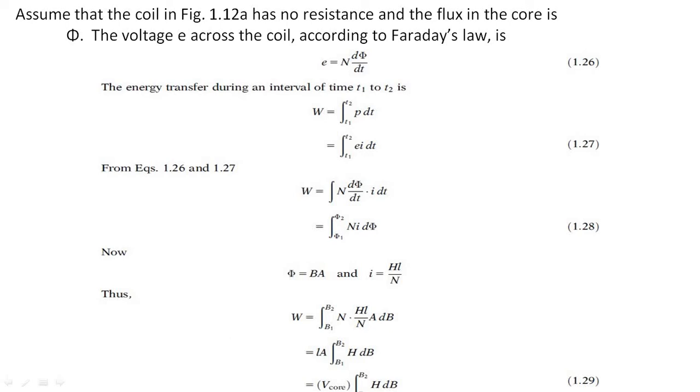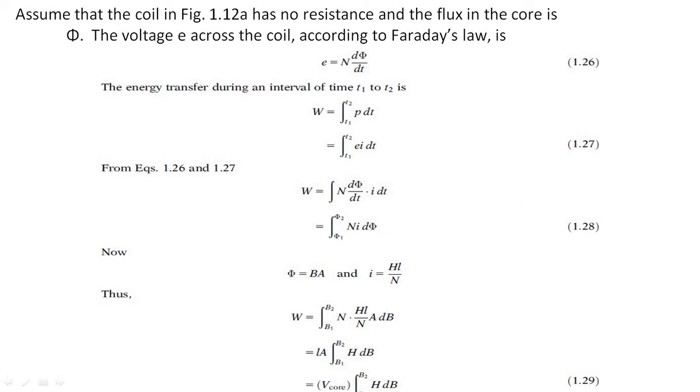Then W is equal to the integral of N d phi by dt times i dt, that is, the integral from phi 1 to phi 2 of N i d phi. Flux is equal to B times A, flux density times area, and i is equal to H l divided by N. Here W is equal to the integral from B1 to B2 of N times H l divided by N times A dB.